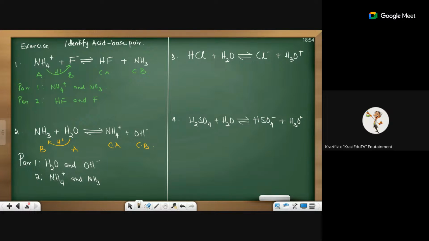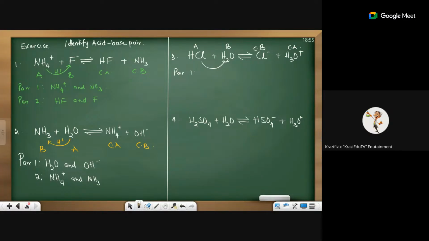So please fix corrections. Number three, we just observe again. What do you notice? This one is losing to that. So this one becomes my acid. Whatever is left becomes my conjugate what? Base. Water accepts, so water is a base. Whatever it becomes a conjugate what? Acid. So what is my first pair?